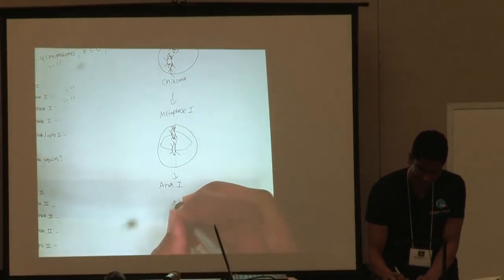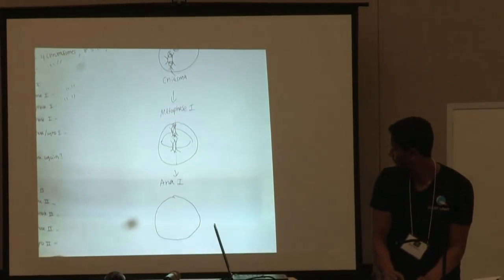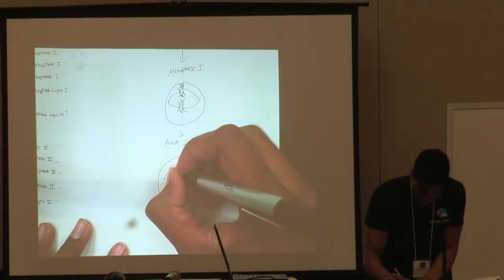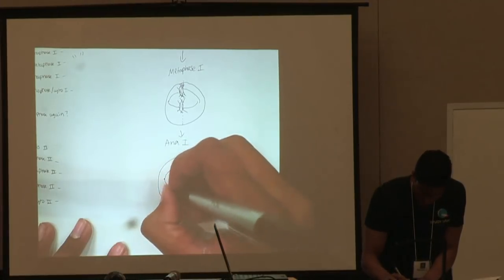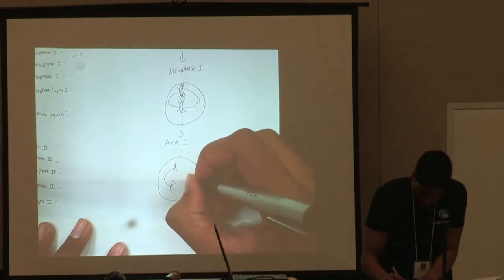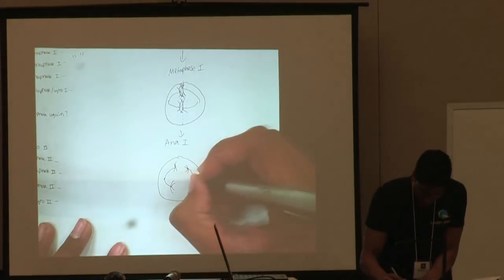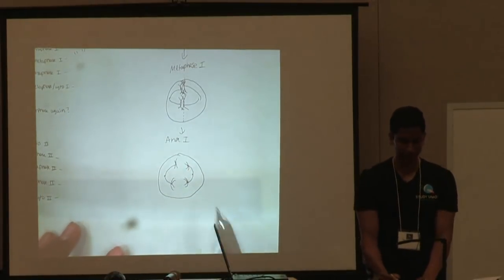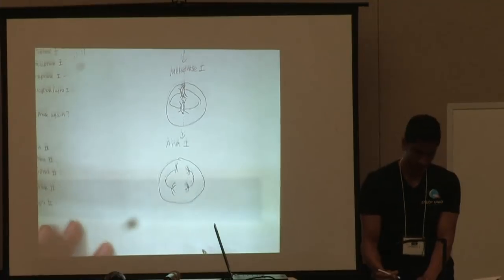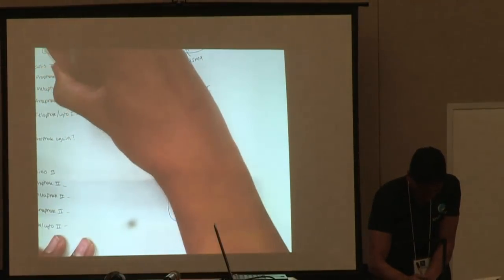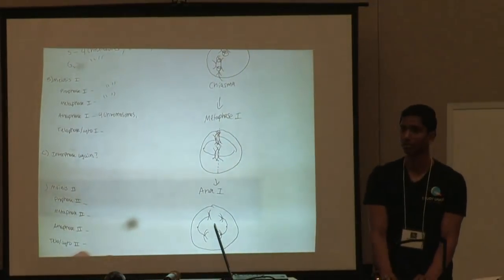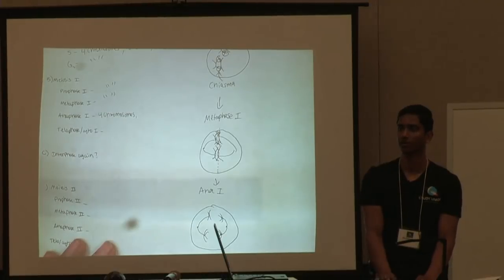They're getting pulled apart. So how many chromosomes do we have? 4. How many sister chromatids? I heard 2. 8.